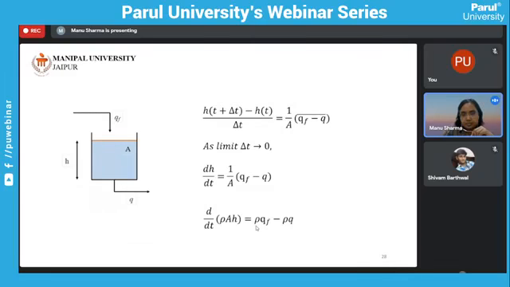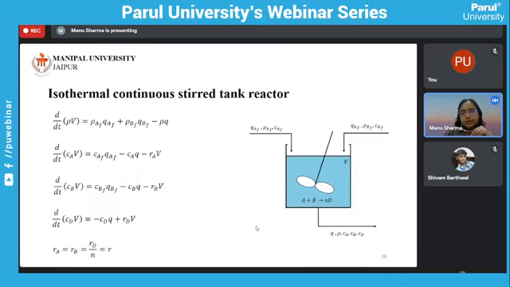for different processes. Similarly, for reacting systems, we have incorporated one more term, that is Ra into V, that represents the reaction term. How is R related? It is related with a constitutive relation. So for this continuous stirred tank reactor, we need to analyze how the concentration of the reactant is changing and how the concentration of the product is changing.